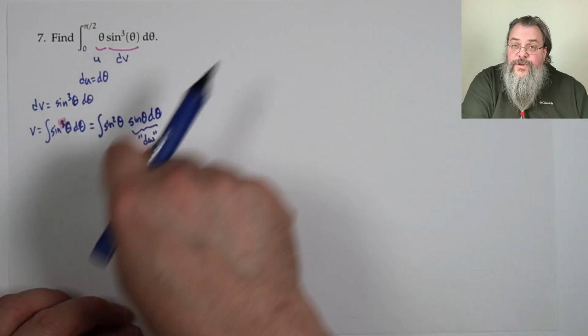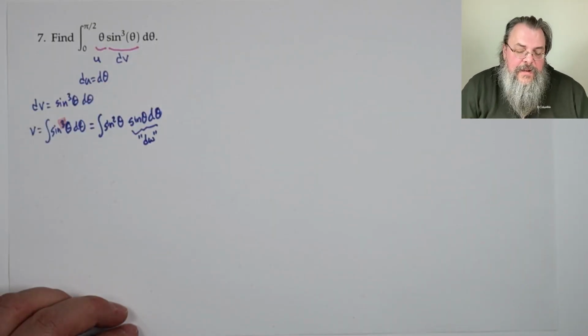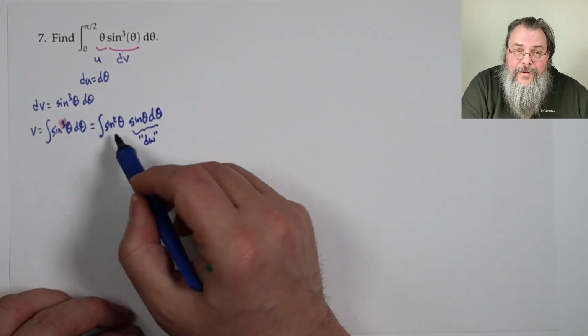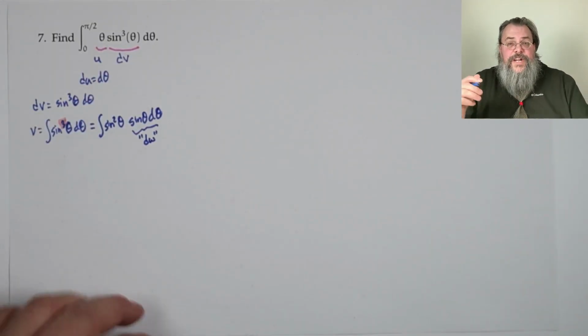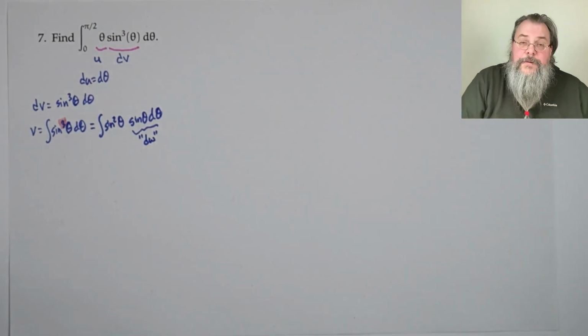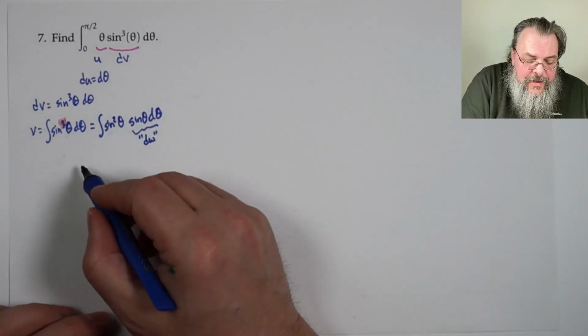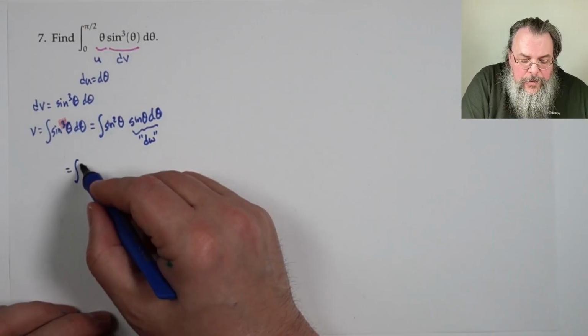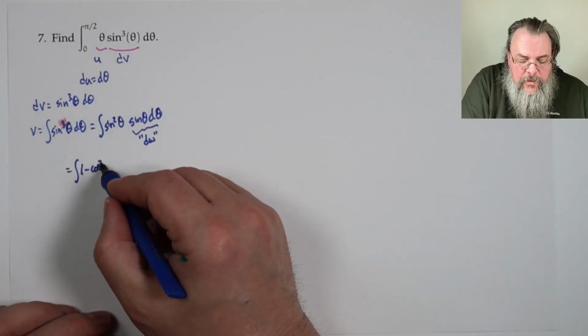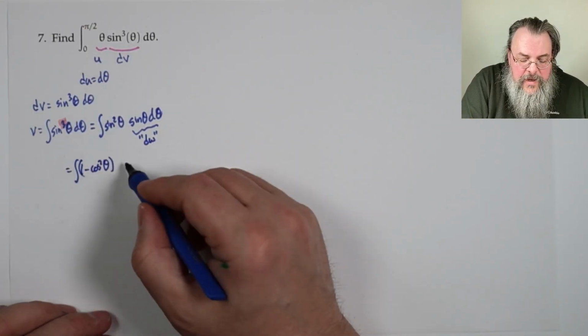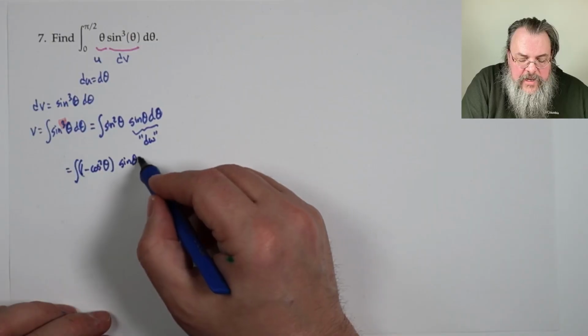I'm not going to use u because I've already used u to mean something else. Now we want to make a substitution. We need to rewrite the sine squared, but we have ways to do that. So this is the integral of 1 minus cosine squared theta times sine theta d theta.